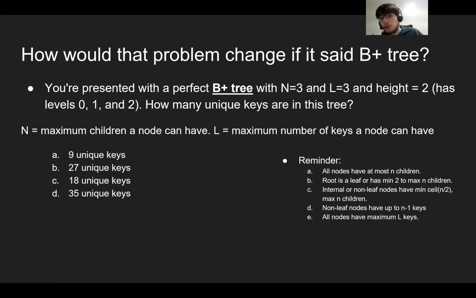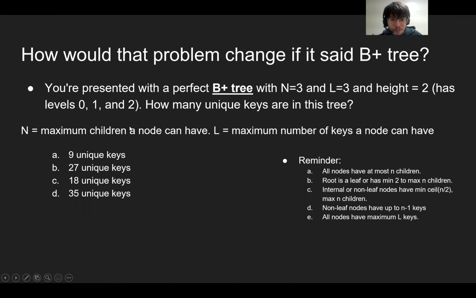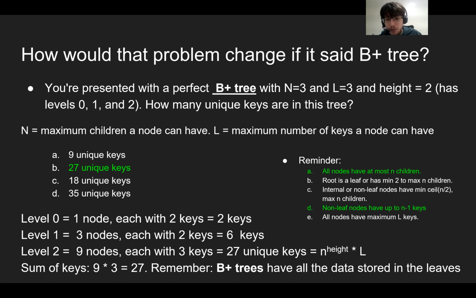It's going to look the same, except instead of a B tree where the keys come from all 3 levels, with the B plus tree, the leaves are the only ones with the keys that we care about. So if we look back, how many keys are there at the leaves? Well, 3, 6, 9, 12, 15, 18, 21, 24, 27. It's just 27 because we don't have keys here, but otherwise it's exactly the same. Oh, besides it being a linked list, but that doesn't apply to this question. So it's just 27, right?